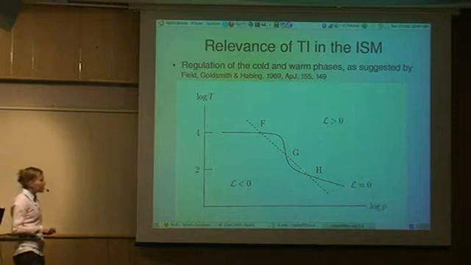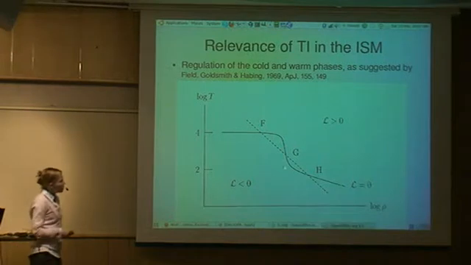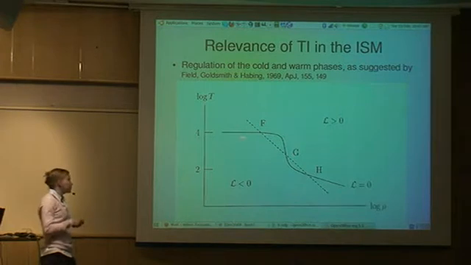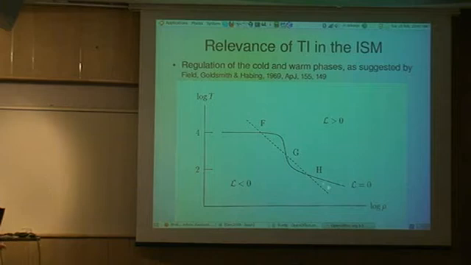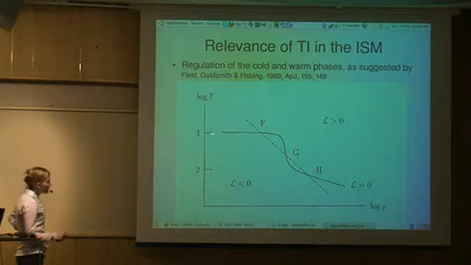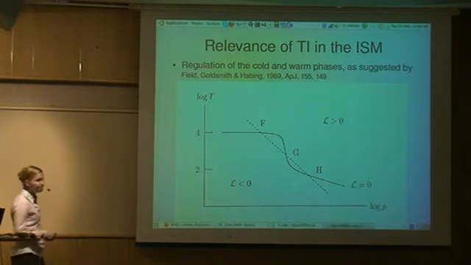And thanks to this thermally unstable branch in between the thermally stable phases F and H, when a fluid element enters this phase, it's either overheated or overcooled, and it naturally moves either up or down. Here both temperature and density are low. This is the cold cloud phase, and here with a temperature of 10 to the 4 kelvins and lower density, this is the so-called intercloud warm medium.